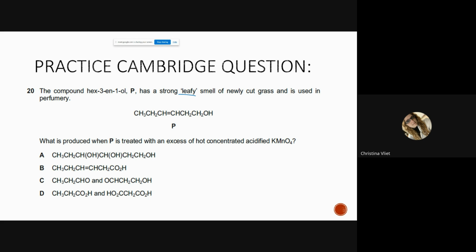What is produced when P is treated with an excess of hot concentrated KMnO4? Do you remember what to do? You gotta break the double bond and add an O. So we know we're going to get CH3CH2C double bond O, and H, right? So this is what you get from the left side, do you agree?